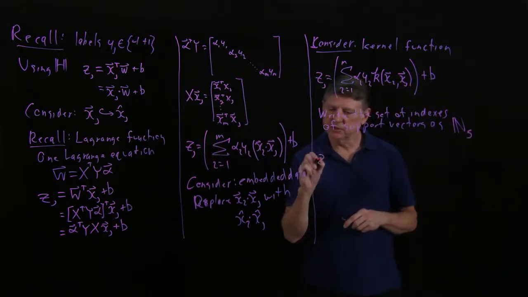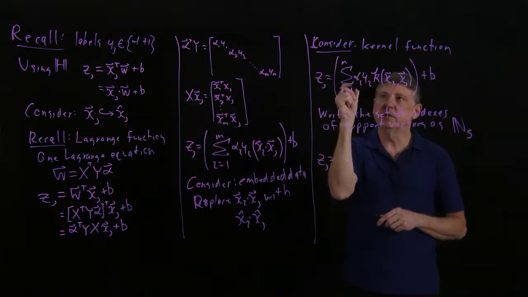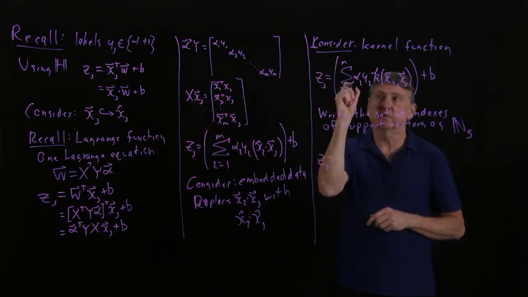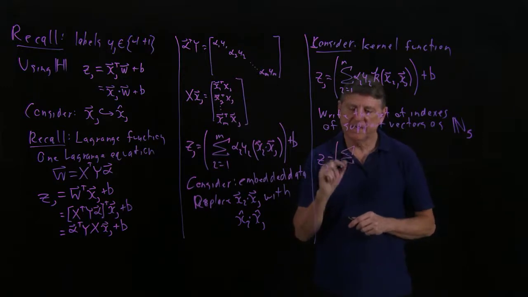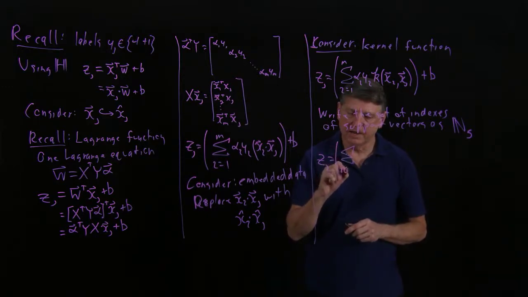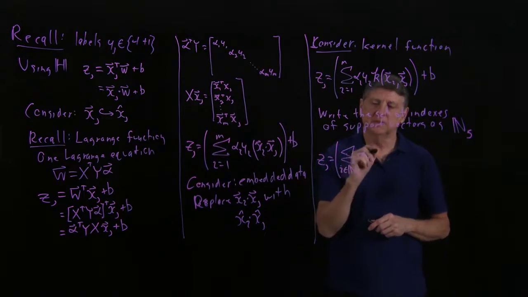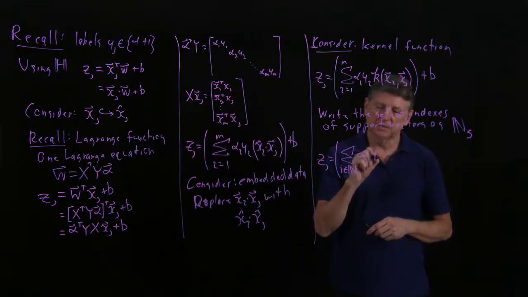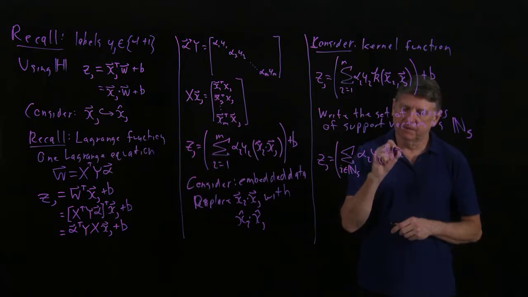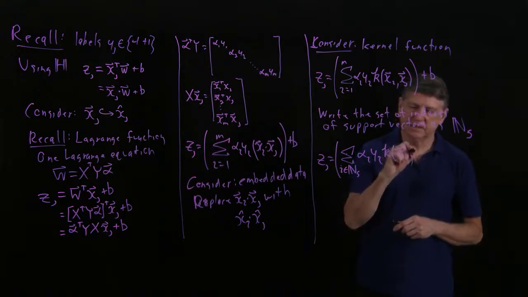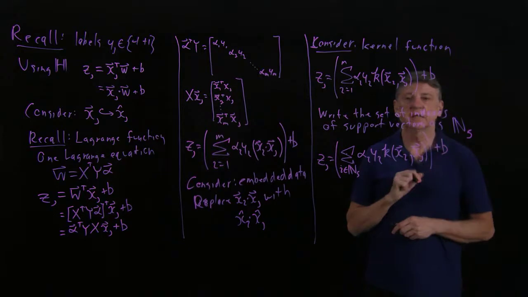We can then say that for the score of the jth data vector, rather than going through all possible vectors, because we know that most of them are going to be non-support vectors with alphas 0, we can make the computation much more effective by summing over all i that index support vectors, the Lagrange multiplier for the support vector times the label for the support vector times the kernel function of the support vector and the vector that we're trying to score, and then add the bias scalar.